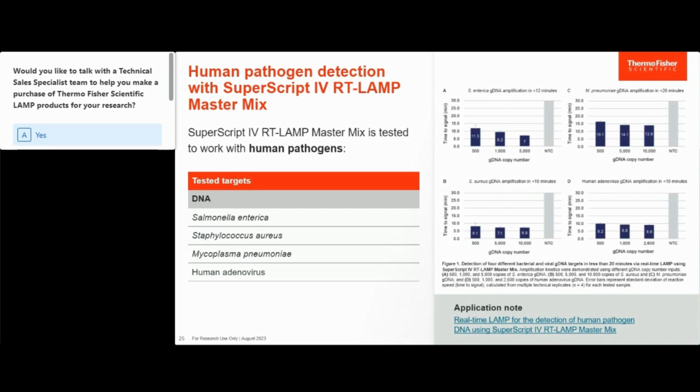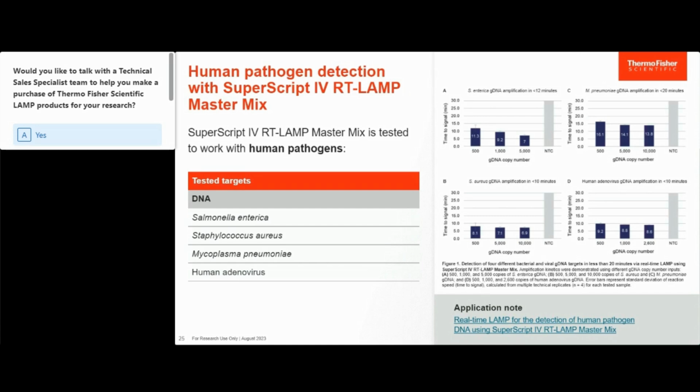As you can see from Figure 1, reaction speed and sensitivity were evaluated using serially diluted genomic DNA at concentrations of 500 to 2,600, 500 to 5,000, or 500 to 10,000 copies per reaction, depending on the pathogen being analyzed.